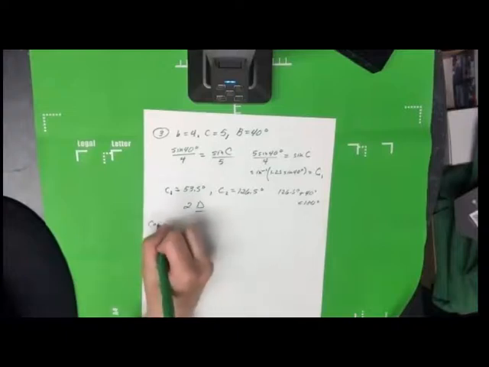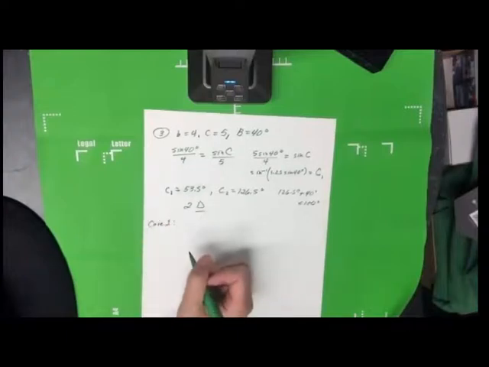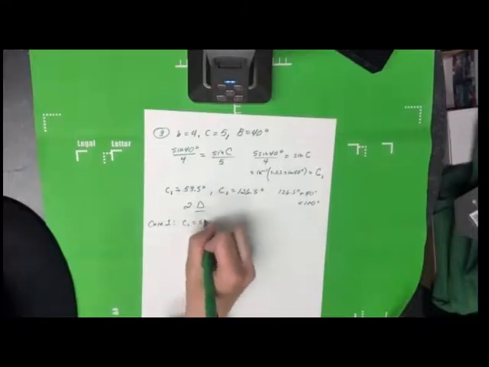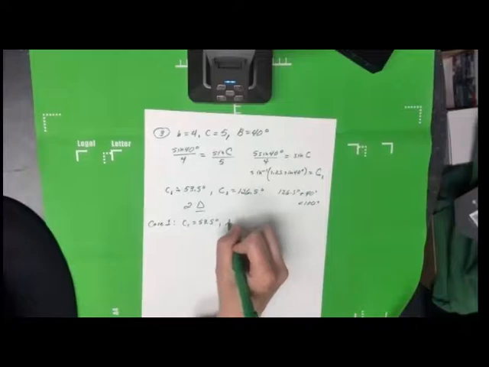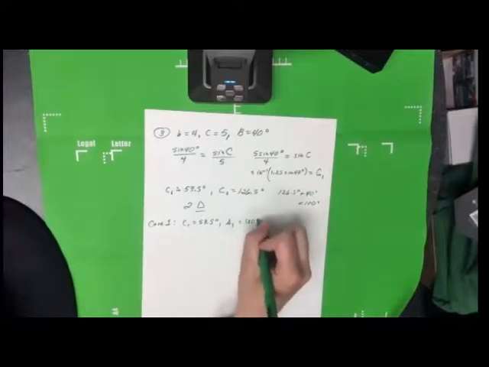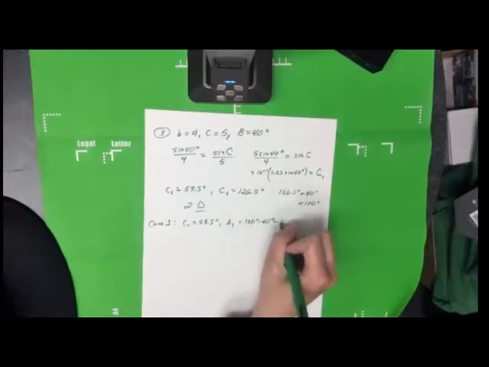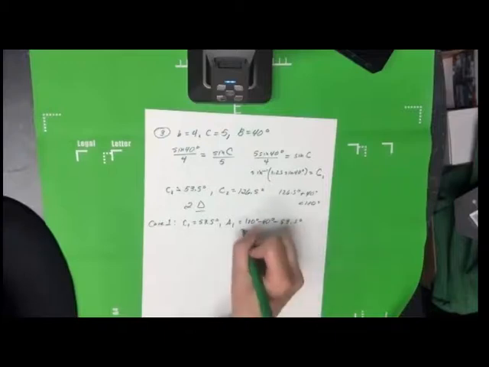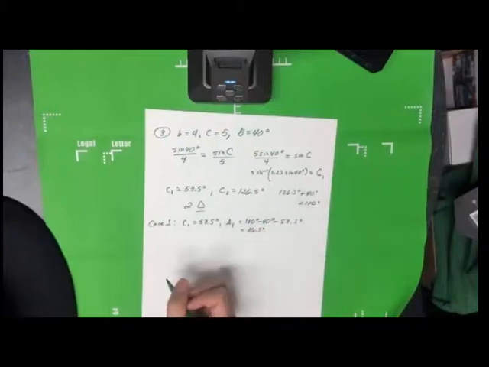All right, so case 1, we'll use C1 being 53.5. Angle A1, I'll call it, is 180 minus 40 minus 53.5, and so that's 86.5. Now we need to find side A that corresponds with that.